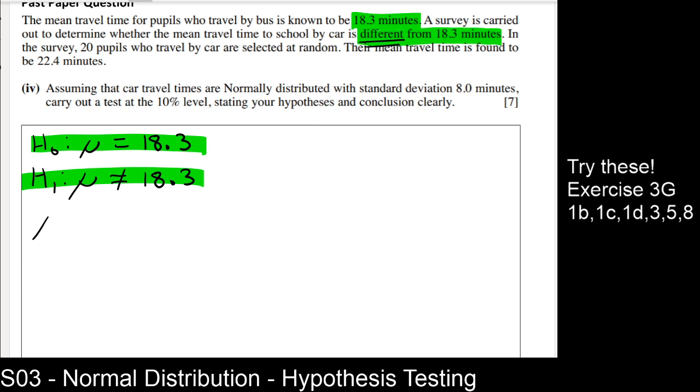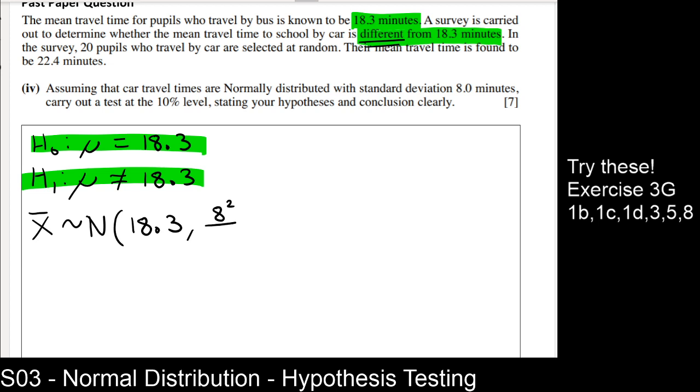We also need to write the distribution. When we're talking about our hypothesis test, we're talking about a sample, so I'm going to put X with a little bar above it. And then I'm going to put my mean, which is 18.3. The mean is always what we start off with believing to be true. And our sample variance, remember that's just standard deviation squared. The variance would be 8 squared, but then I need to divide it by n.